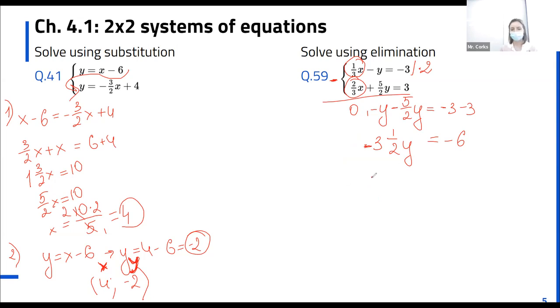So we have y equals minus 6 divided by 3 minus 3 and a half.